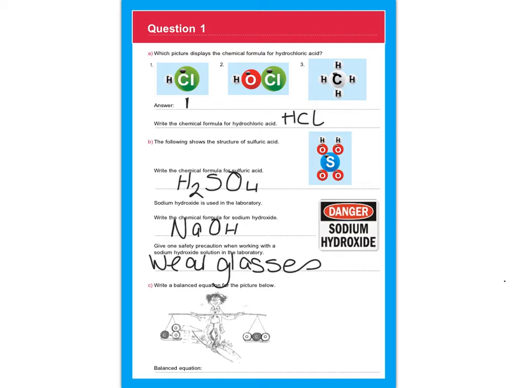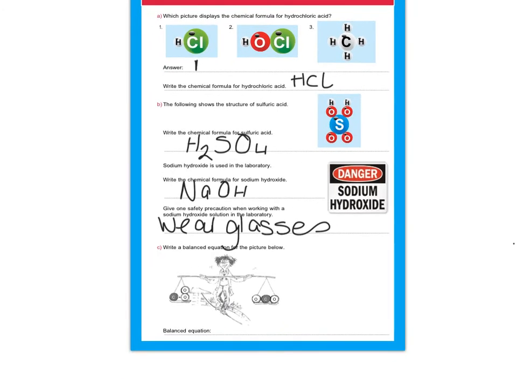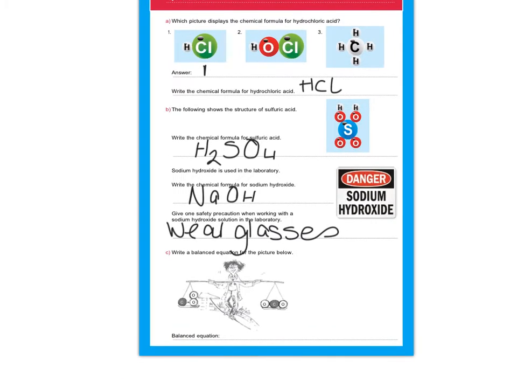The next thing it's asking us is to write a balanced equation for the picture below. So in the picture, I'm not sure if you can see, on the left hand side we have 1 carbon, we have 2 oxygens, and on the right hand side we have carbon dioxide. So we write down what we see. C plus O2. Now it's really important.